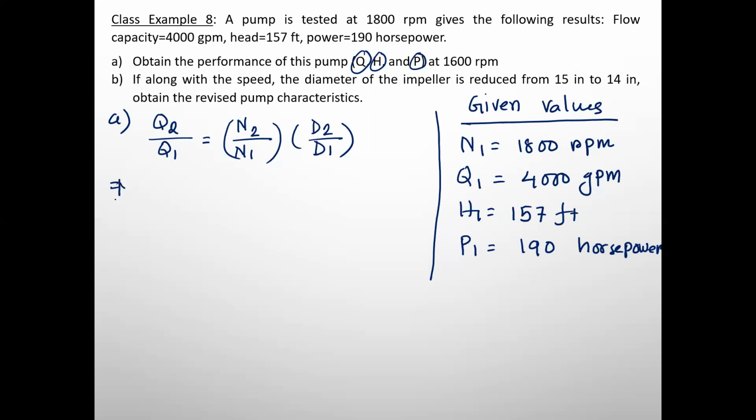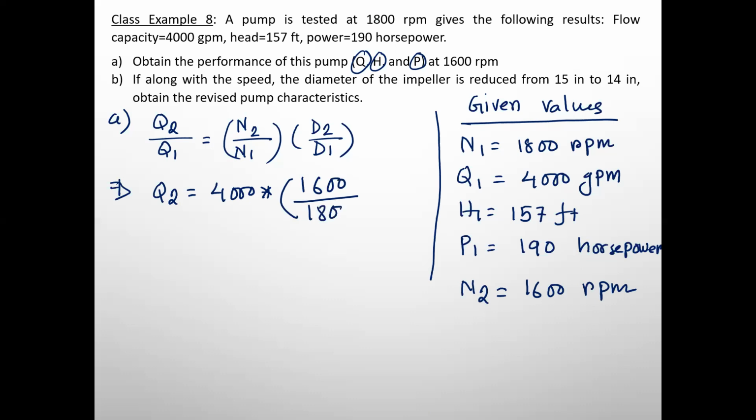Okay, now since we need to find Q2, Q1 is 4000, N2 is 1600 RPM, and N1 is 1800.